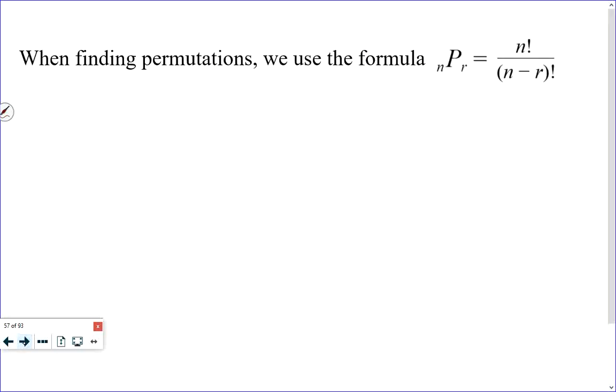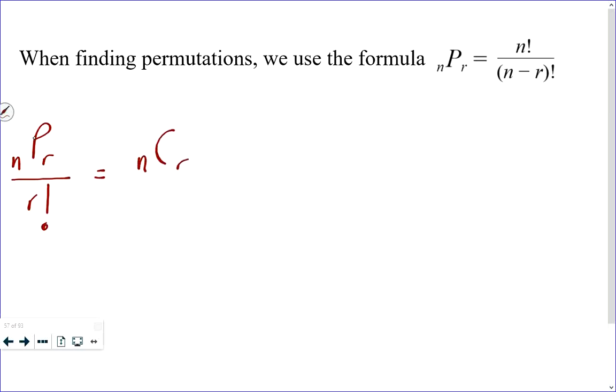When finding permutations, that's the formula, right? And r in that formula is the number of items you're arranging. But we said combinations is the number of permutations. This is what we said. If you take the number of permutations and divide by the factorial of the number you're choosing, you get the number of combinations.